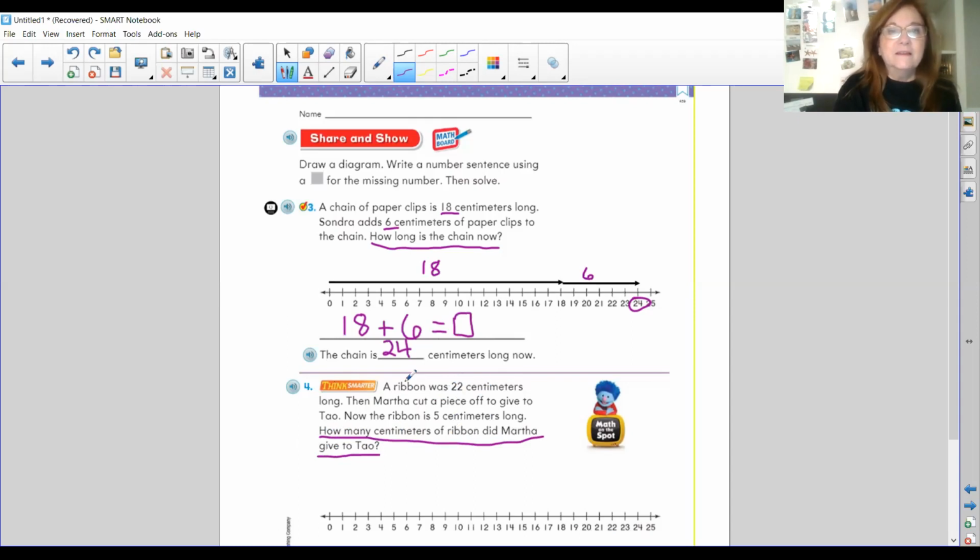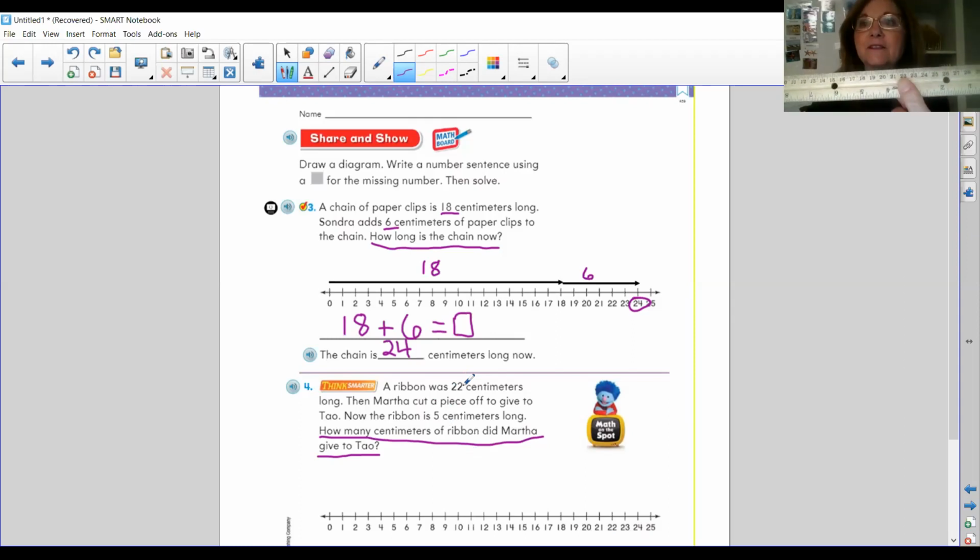And let's find out how they do it on math on the spot first, because it's not going to be 22 minus 5. It's going to be that there was 22 centimeters.